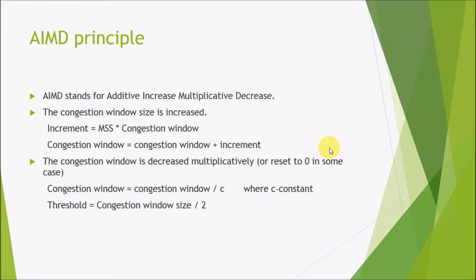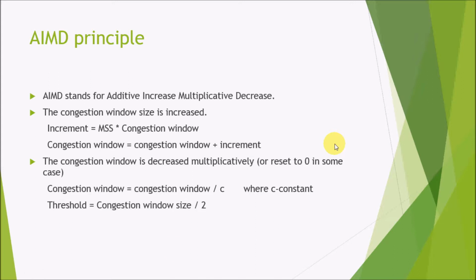The maximum segment size is the maximum size of a segment which doesn't need to be fragmented. So the increment is MSS times the current congestion window, and the new congestion window size is equal to the previous congestion window size plus the increment. The congestion window is decreased multiplicatively. As the name suggests, additive increase multiplicative decrease.